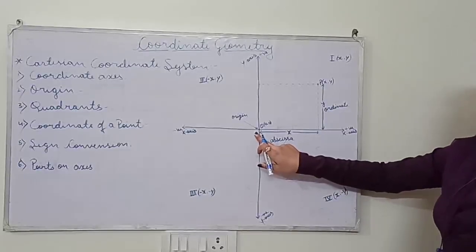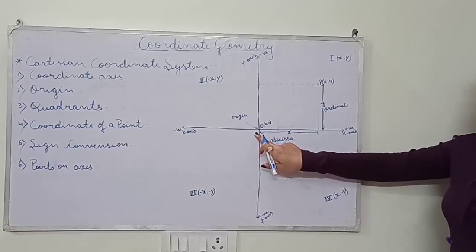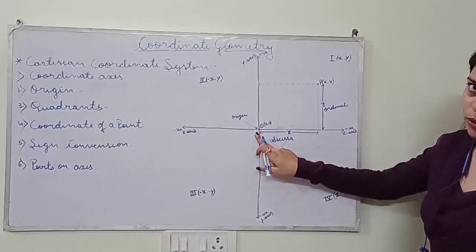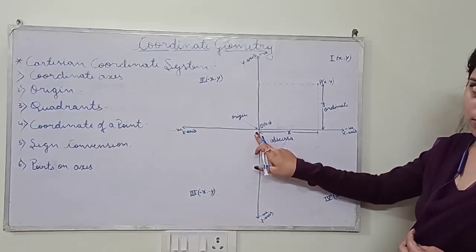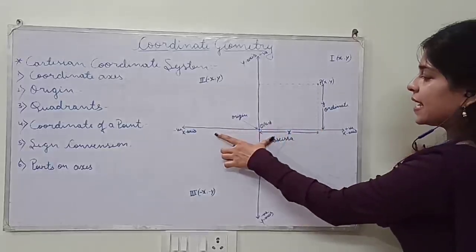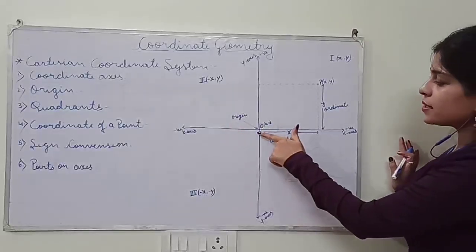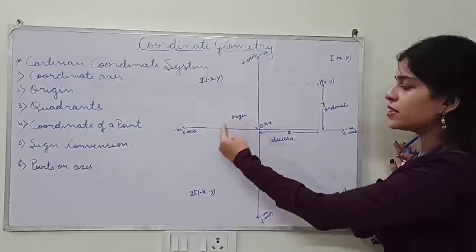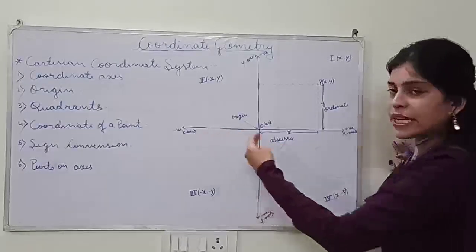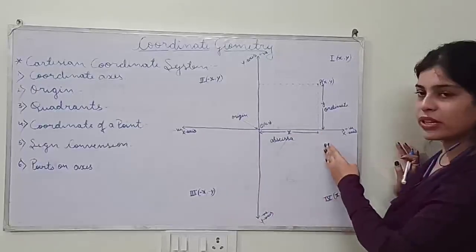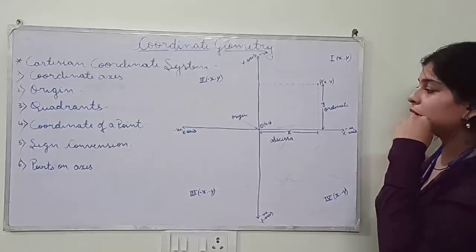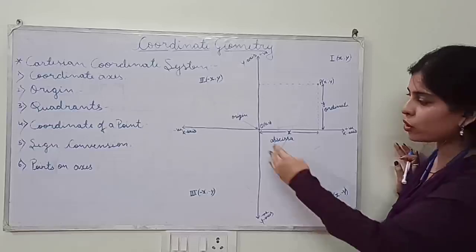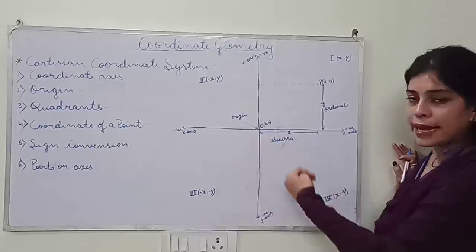Let us recall, we have represented numbers on a number line in standard 9th and also in standard 8th. Suppose this x-axis is a number line and here is the point 0. Before 0 there will be negative numbers, and after 0 there will be positive numbers, represented on the number line, or you can say on the x-axis.